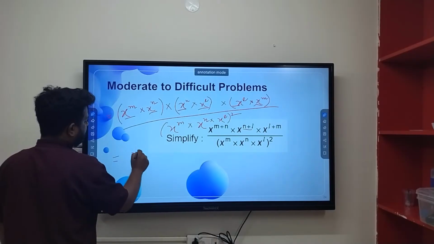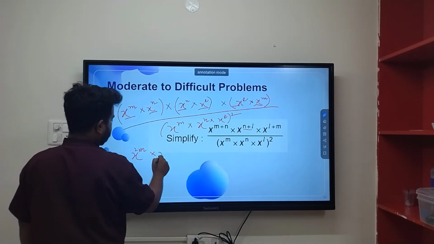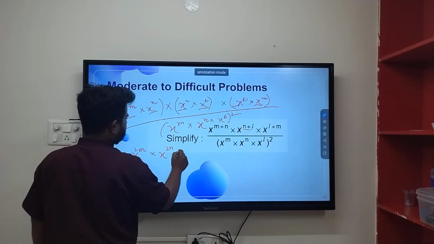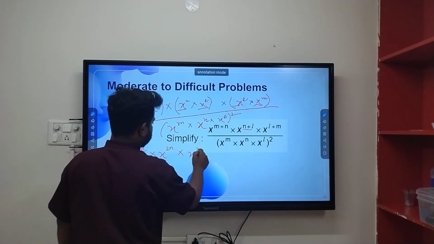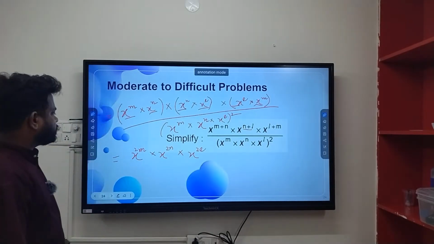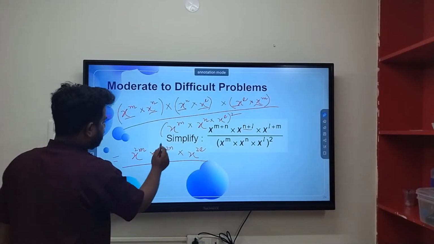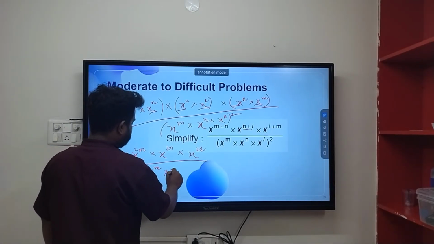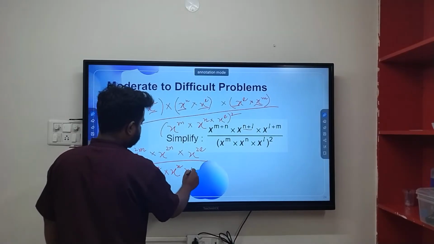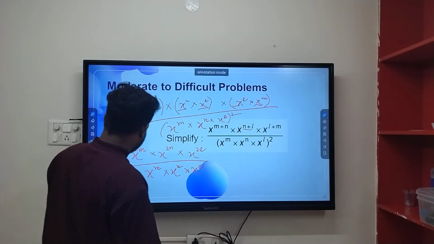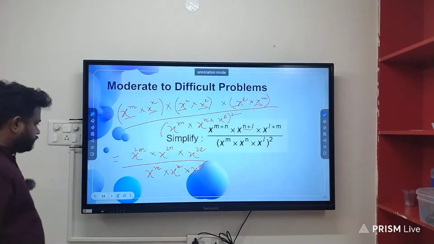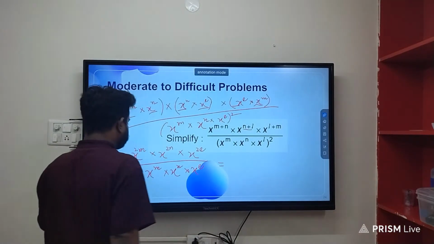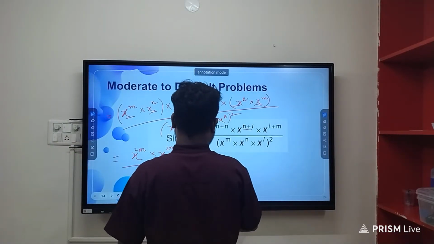So these all can be written like this, and the down position will be the same.